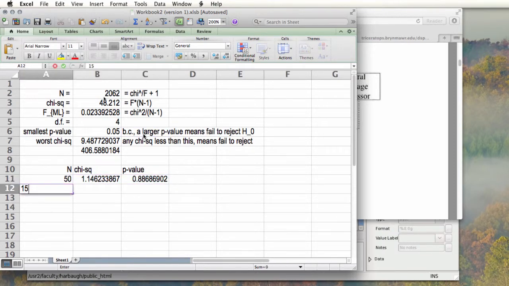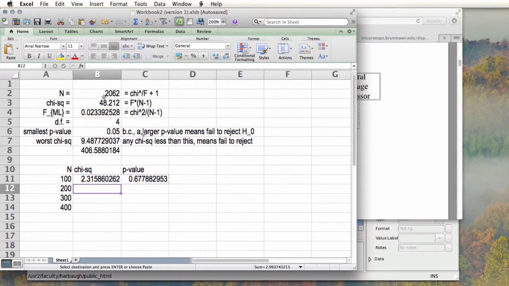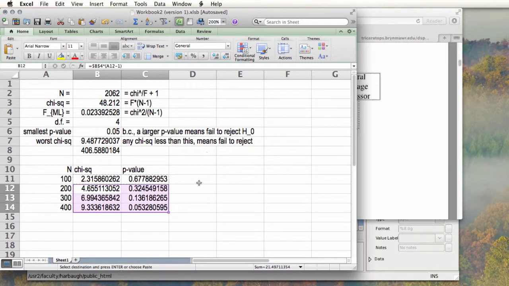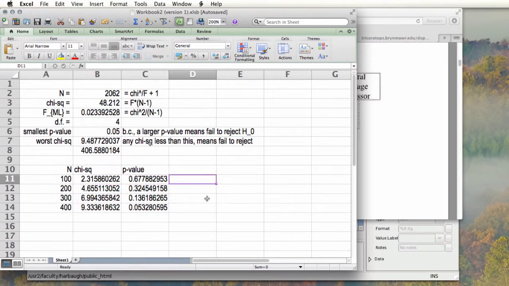If I had only had 100 points, my chi-square value would have been 2.315 and change, with a p-value of 0.677.